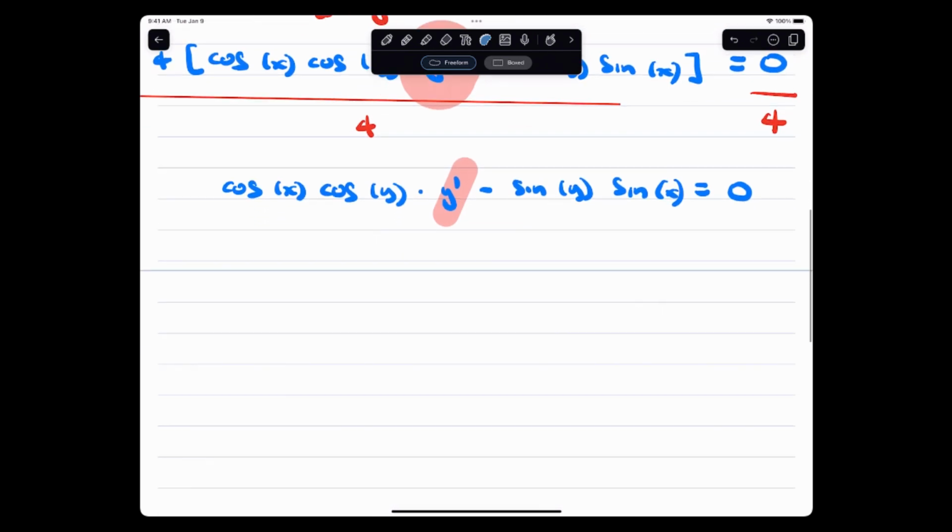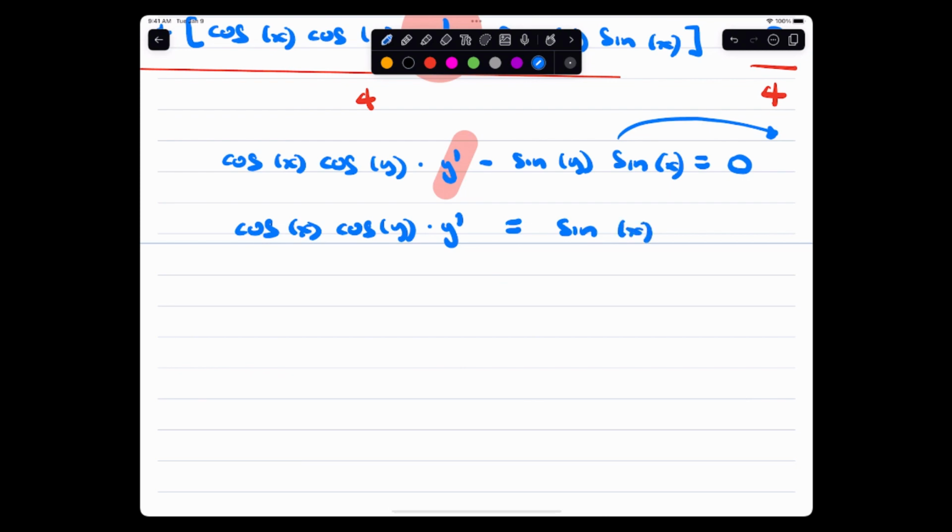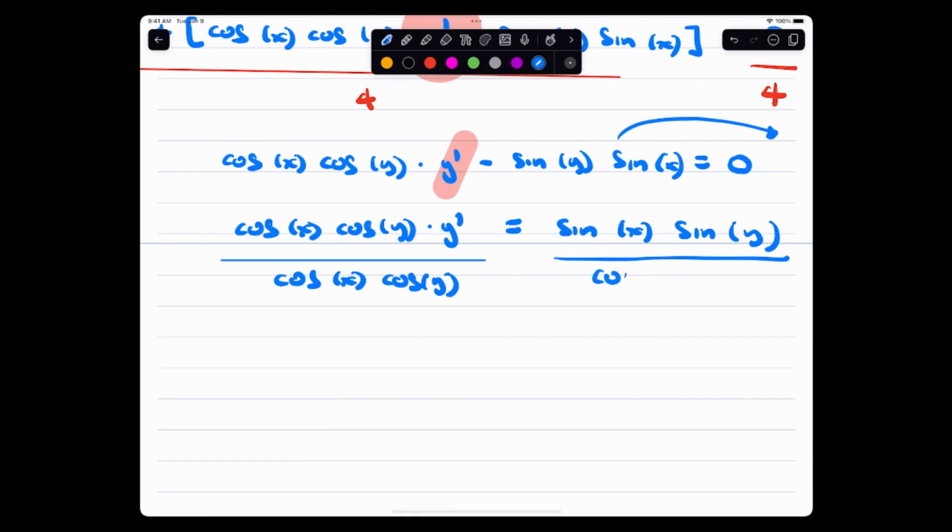Okay. Now, here's what I want to remark here. You guys are calculus students, so this translation for algebra, if you guys know, you're always able to move a term to the other side, just change the sign. And maybe you want to be systematic about putting sine x, sine y, because as we proceed to solve for y prime, we're going to divide both sides by cosine x, cosine y.